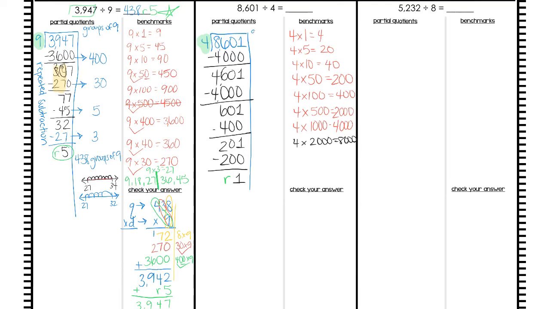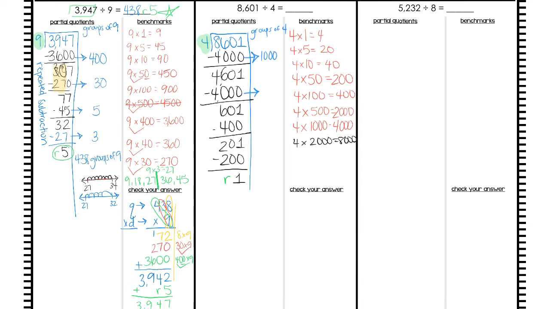We forgot to write groups of 4. How many groups of 4 are in 4,000? In 4,000, there are 1,000 groups of 4. In 4,000, how many groups of 4 are there?